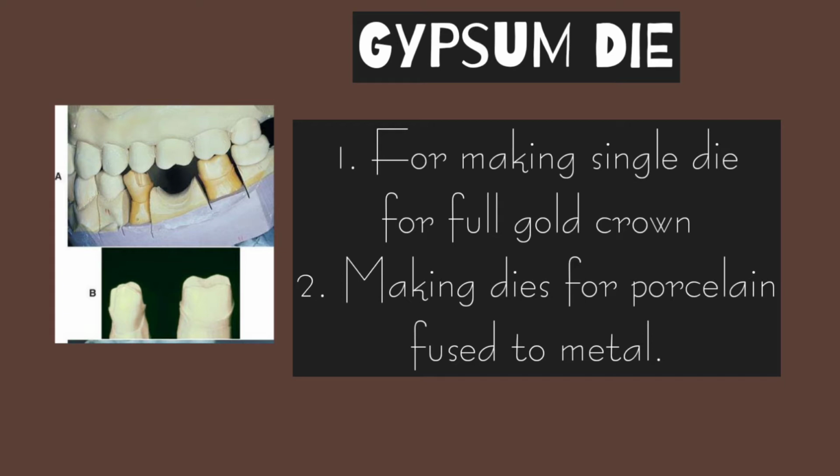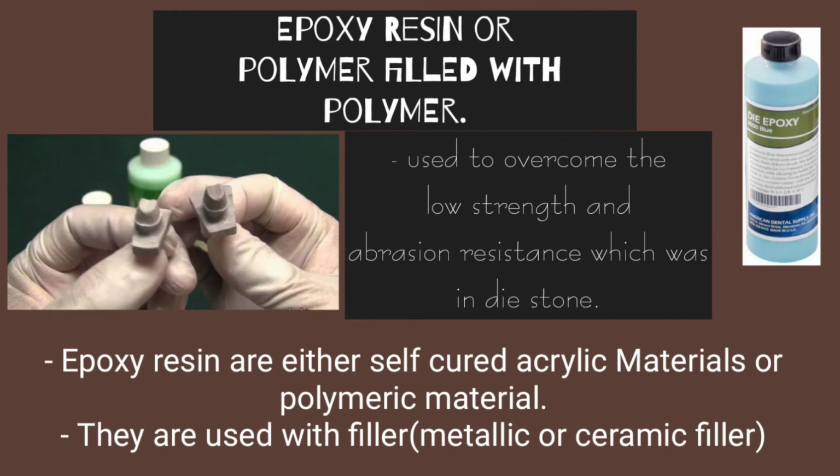Now we will discuss the epoxy resin or polymer filled resin. They are used to overcome the low abrasion resistance of the die stone. These epoxy resins are either self-cured acrylic material or polymeric materials.